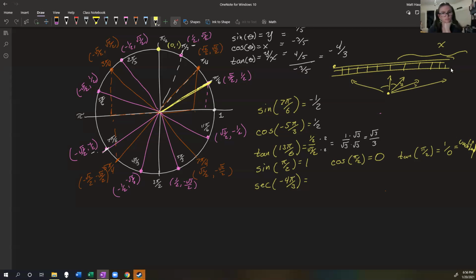So how far away is the train when that angle is, if this is 0, how far away is that train when that angle is 90 degrees? Long. That's undefined, isn't it? You're not even looking at it at that point. You're looking past it. You're looking parallel to the track. You're not looking at the track anymore, right?